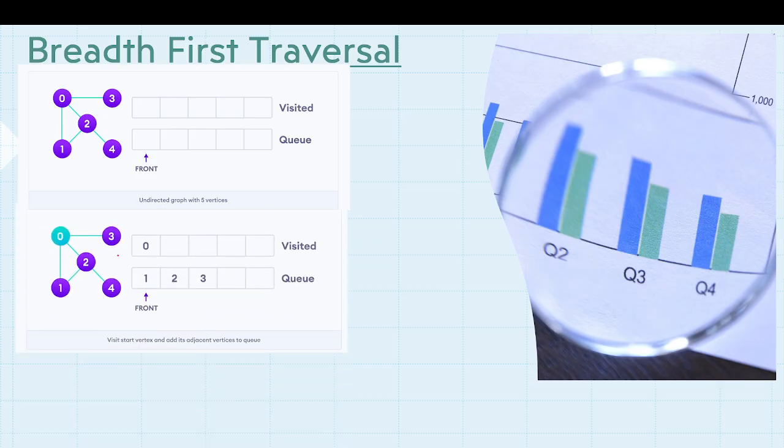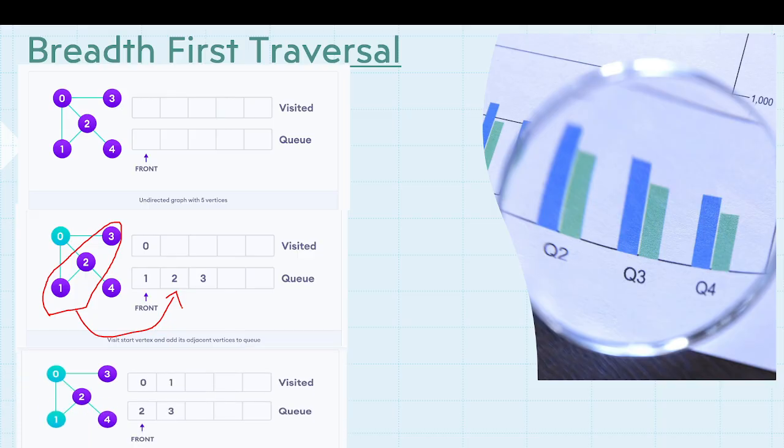So the adjacent vertices to 0 are 1, 2, 3, and these are put onto the queue. Next, we remove the element from the queue, which is 1, and mark it as visited. So we visit the neighbor of the start vertex 0, which is 1.